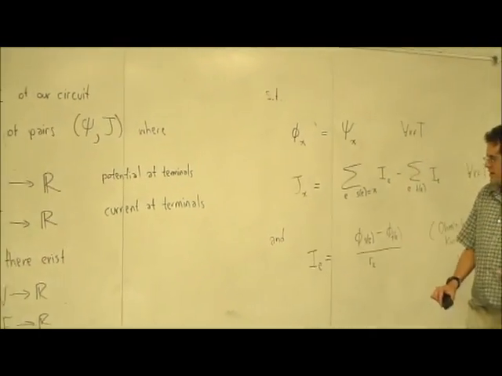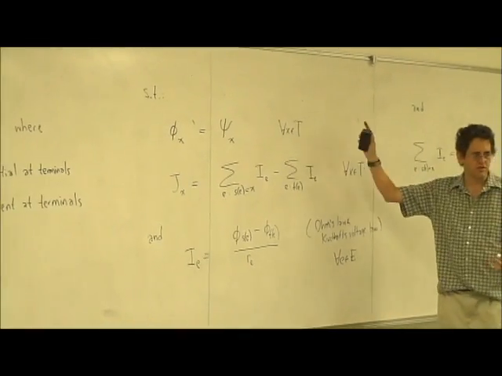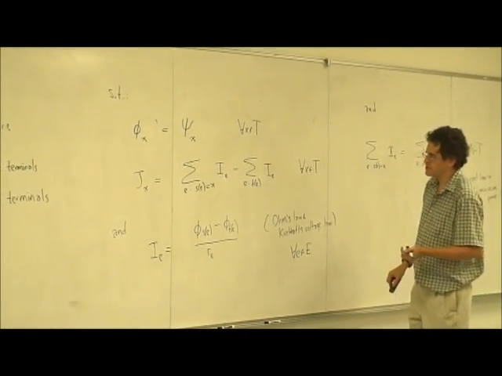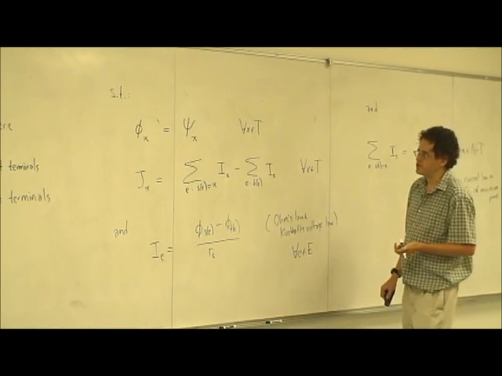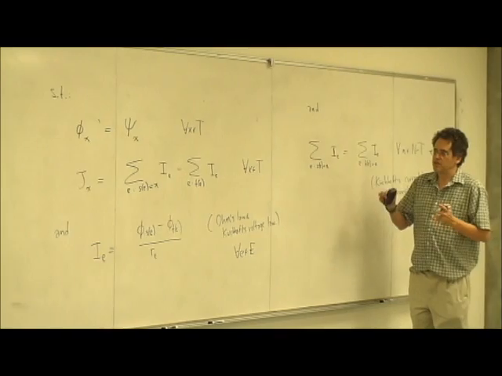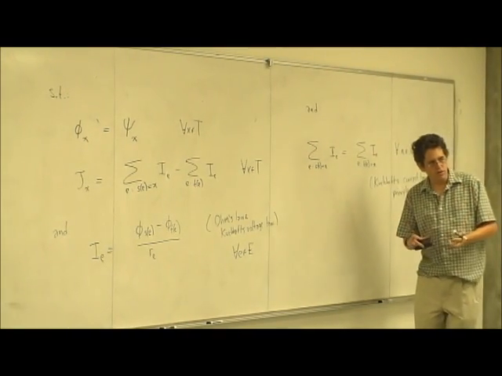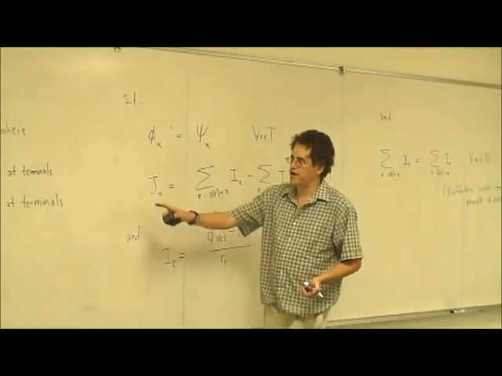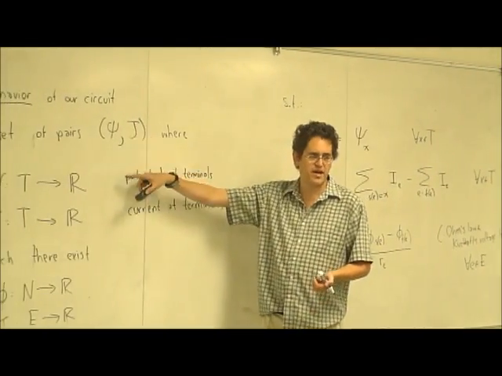The second thing to notice is that all these equations are linear in terms of the currents and the potentials. So there's some condition that needs to hold, but it's a linear condition. So the set of pairs for which the condition holds is better than a mere set.